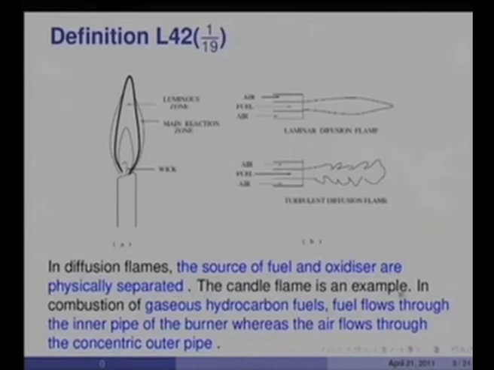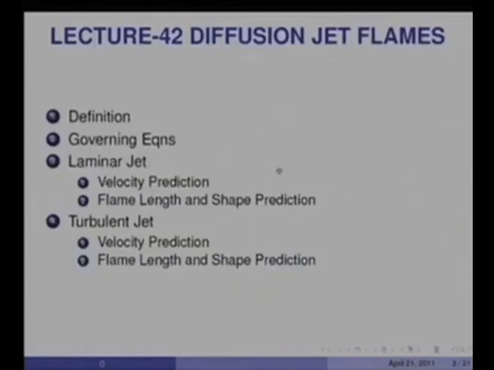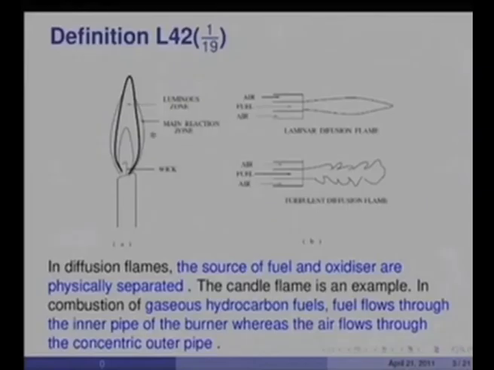The candle flame is an example in which the melted wax evaporates, and so the fuel alone arrives into the flame, whereas the oxygen required is gathered from the surroundings. So, fuel itself does not have any oxygen in it, but the oxygen required for burning is obtained from the surroundings by the process of diffusion.